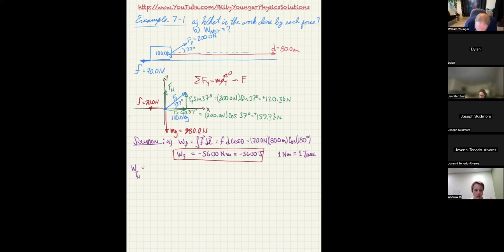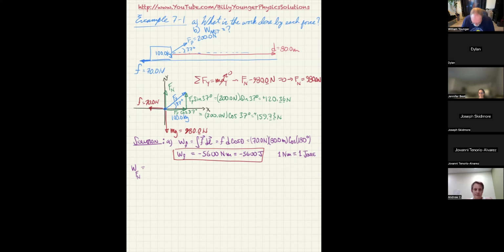That tells us Fn minus 980.0 newtons is equal to 0, and that means Fn is equal to 980.0 newtons.